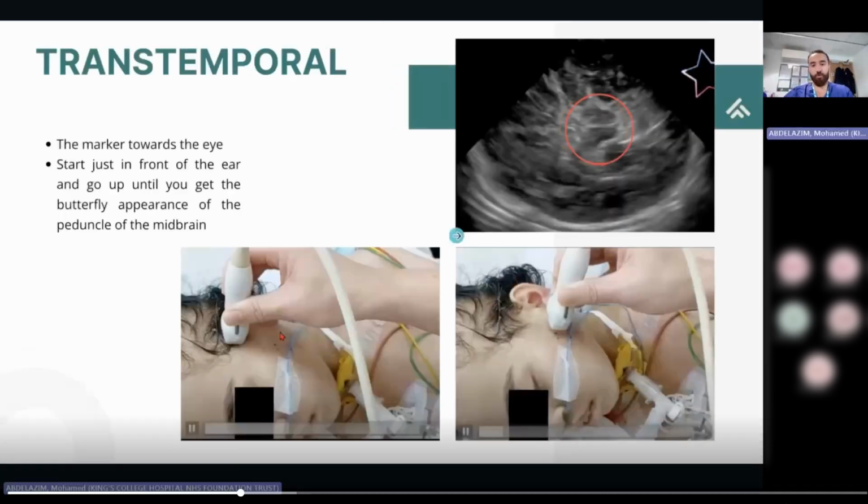All right, so for the technique itself, you usually use the phased array probe, which is the cardiac probe. The reason is that the beam starts very narrow and then diffuses along its journey, which can get you a good image, because we're accessing through the temporal bone.